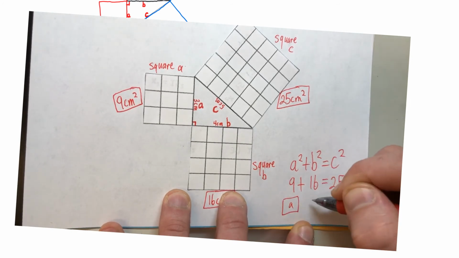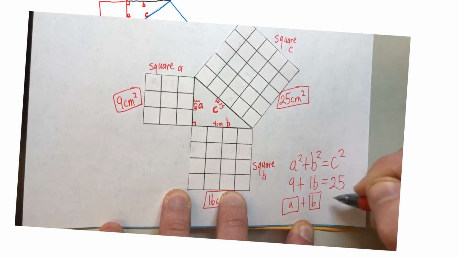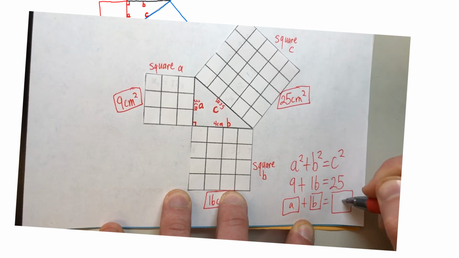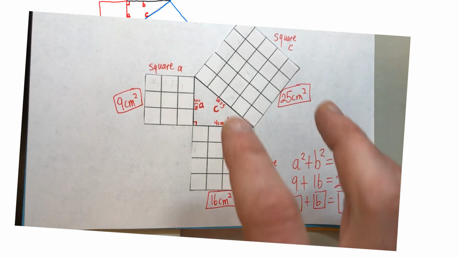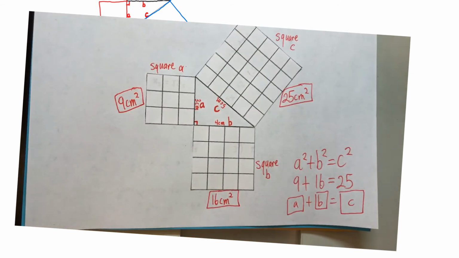Okay, so square A plus square B equals square C. Okay, so that's what we're going to be doing today, practicing with this specific idea with the Pythagorean theorem.